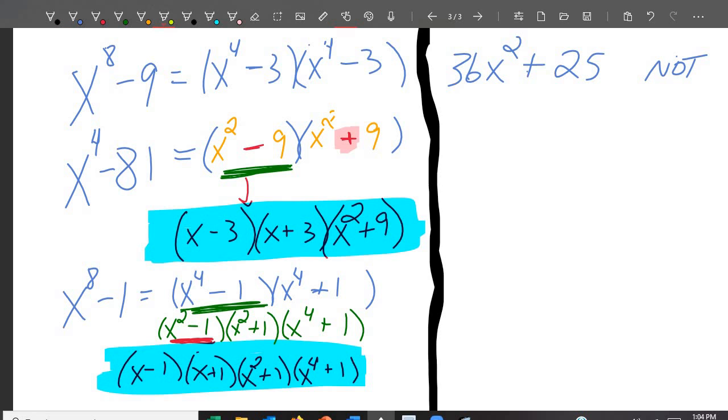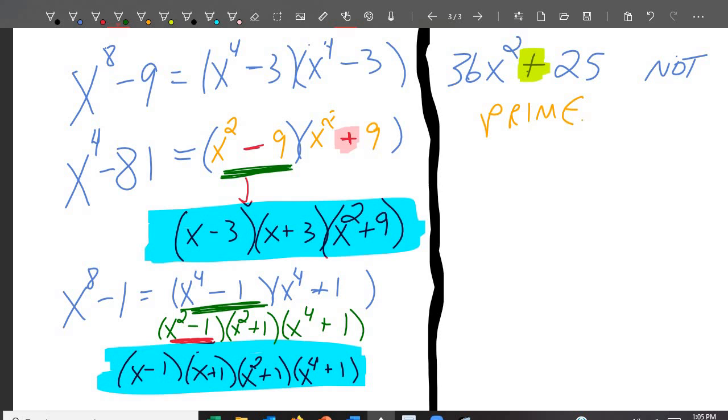Well, you need to get used to looking at the sign in the middle. This plus sign tells me I can't factor it because it's not a difference of 2 squares. There's no plus between 2 squares. So if you can't factor it, that's called prime. But you need to pay attention to make sure there's a minus sign in the middle.